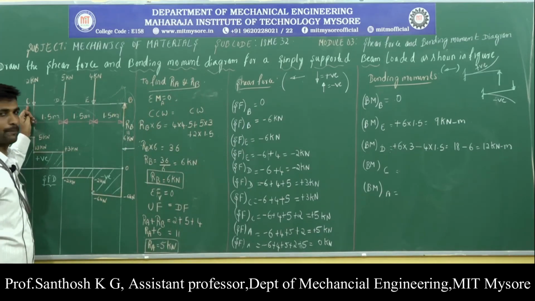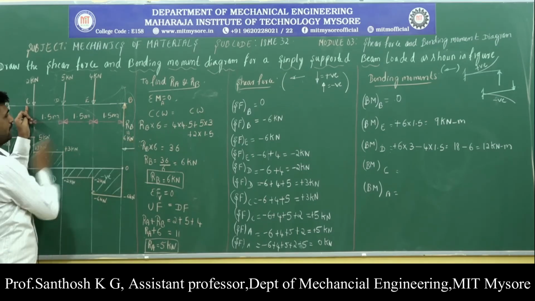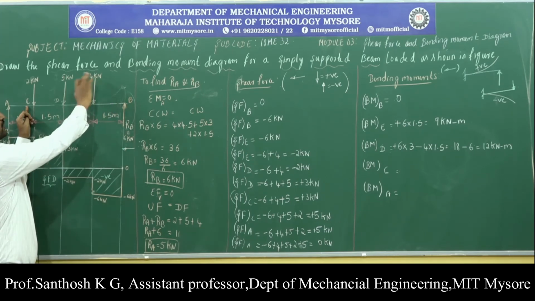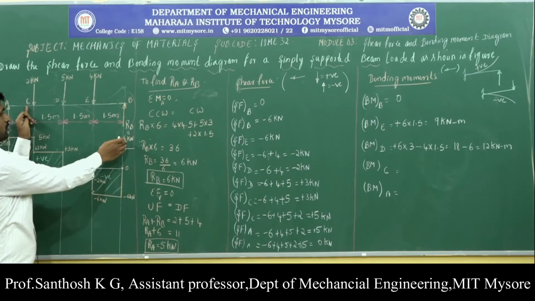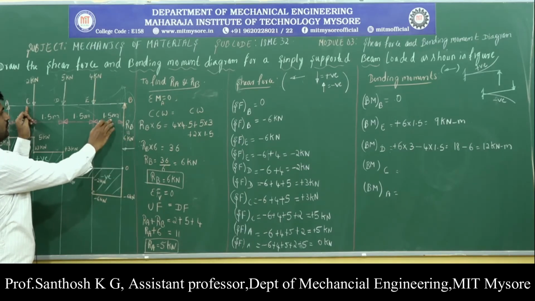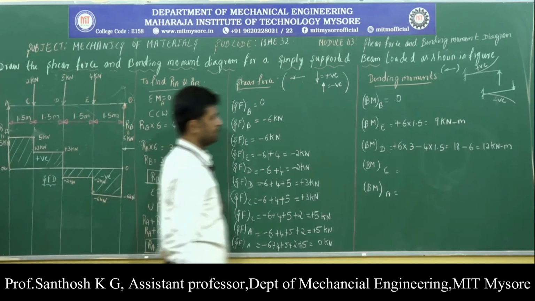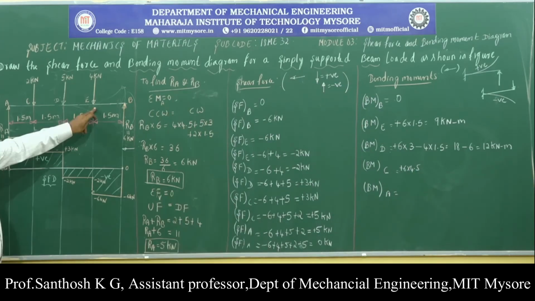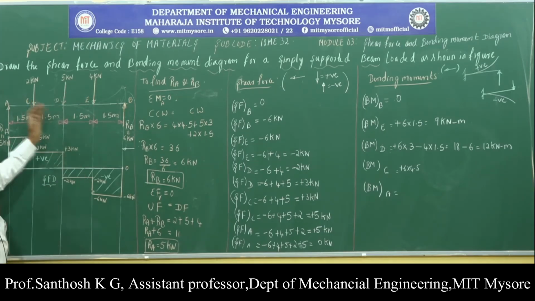Now if you come to the point C, with respect to point C, when we move from right to left, we get three forces. One is 6 kilonewton force, another one is 4, and another one is 5. So the moment due to the 6 kilonewton force will be 6 into 1.5 plus 1.5 plus 1.5, it is 4.5. So plus 6 into 4.5, then this 4 kilonewton force will bend the beam in downward direction.